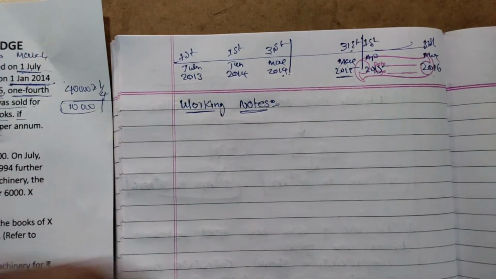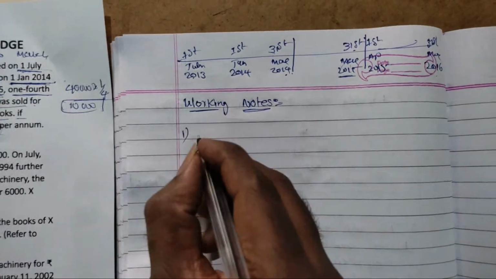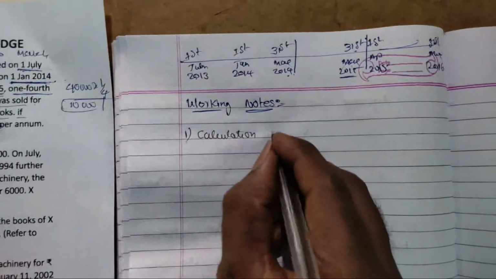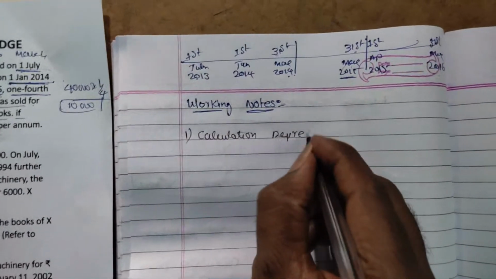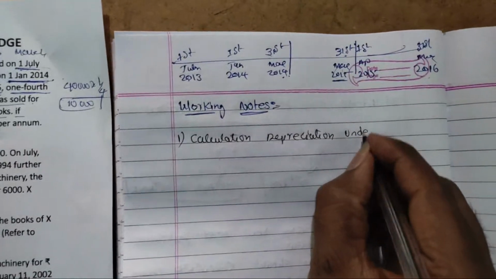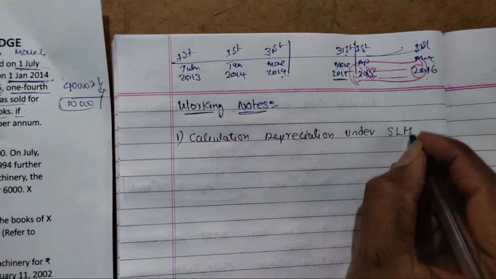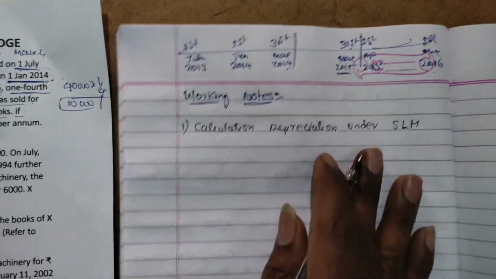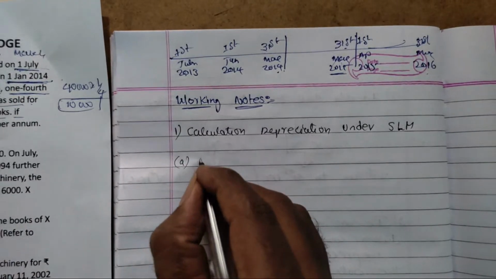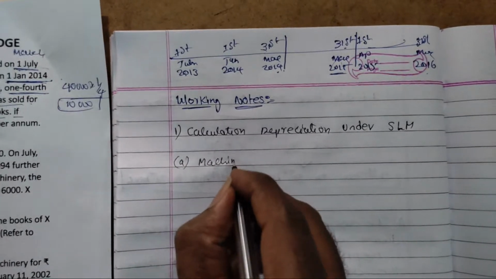In working notes, first one, calculation of depreciation under straight line method. Which method are we calculating? Depreciation under straight line method. A, machine 1.